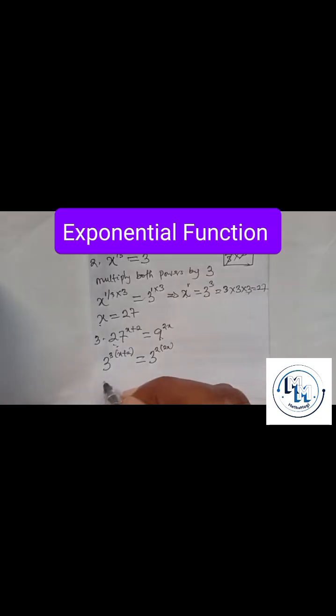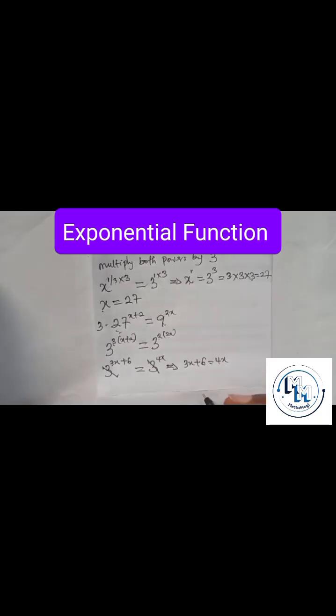Now open your brackets. 3 times x is 3x, plus 3 times 2 is 6, is equal to 2 times 2x is 4x. So the 3 goes. We are left with 3x plus 6 on the left hand side is equal to 4x.